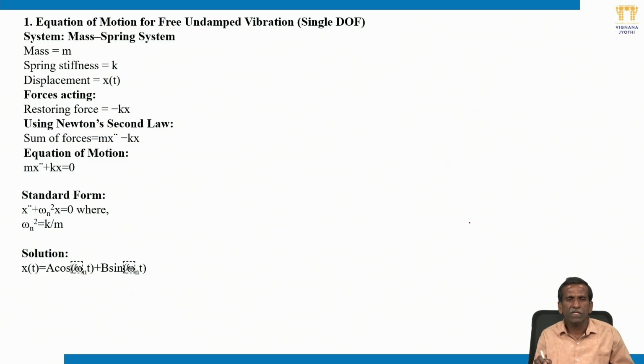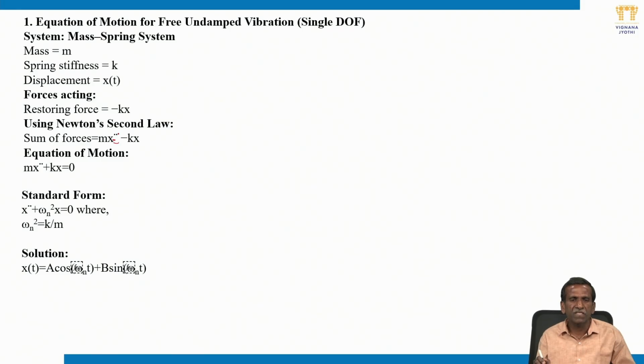Newton's second law tells that the sum of the forces, that is we are displaced with x, and the corresponding force is mx double dot, is equal to minus kx. So mx double dot plus kx equal to 0. So the equation of motion is mx double dot plus kx is 0.